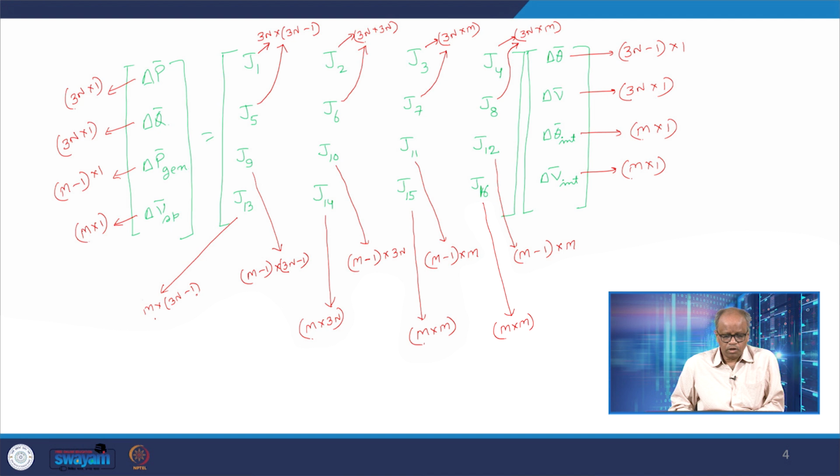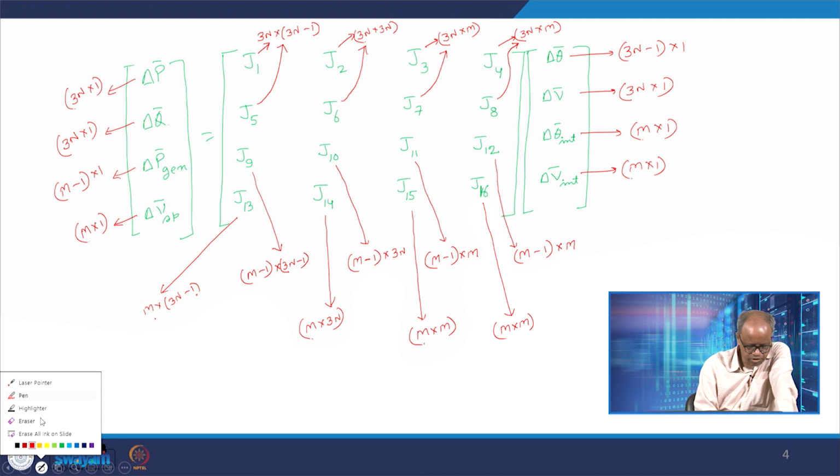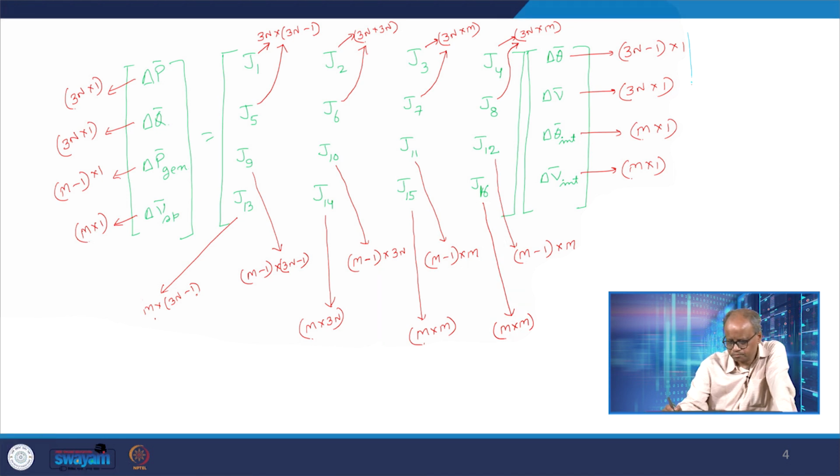Now what are the definitions of J1, J2, J3, J4? The definitions are straightforward, although we have to elaborate them, but first let us write down the general definitions, and of course we will elaborate them in due course of time.